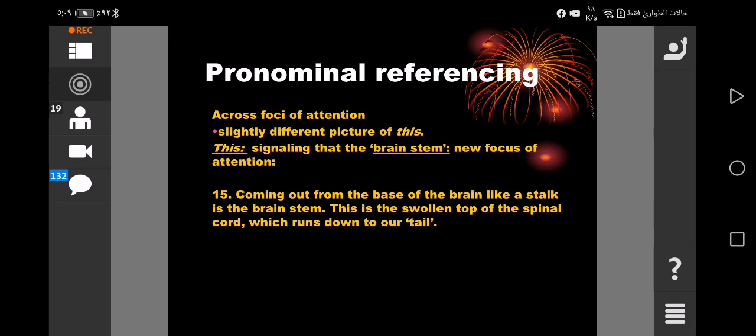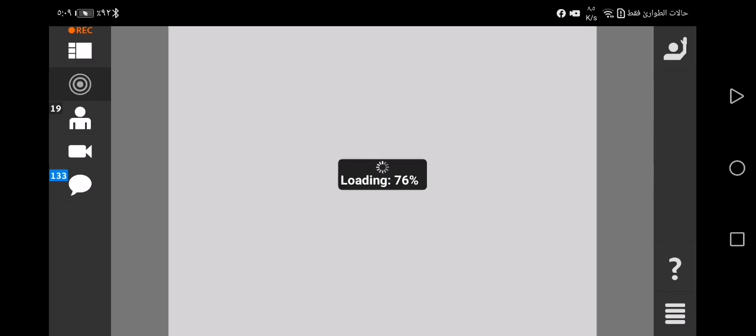The brainstem. This refers to the brainstem.